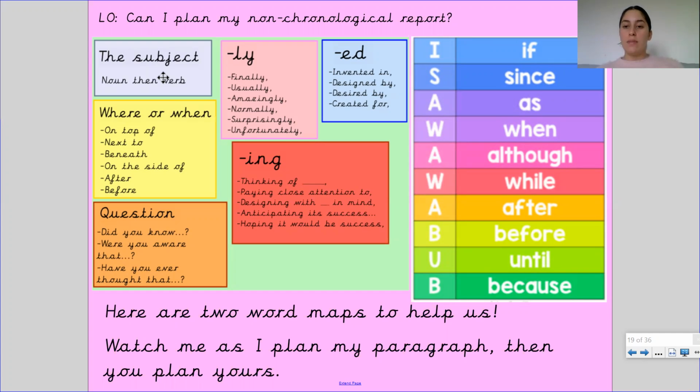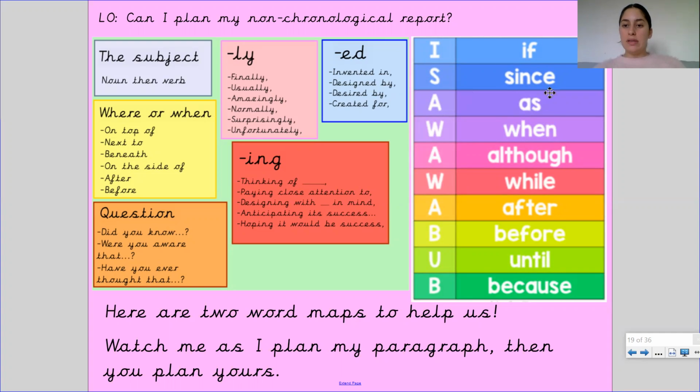They can also be in the beginning of a sentence. So I want to say something along the lines of the mattress looked like an ordinary mattress because it was covered in memory foam. But I want to start my sentence like that.